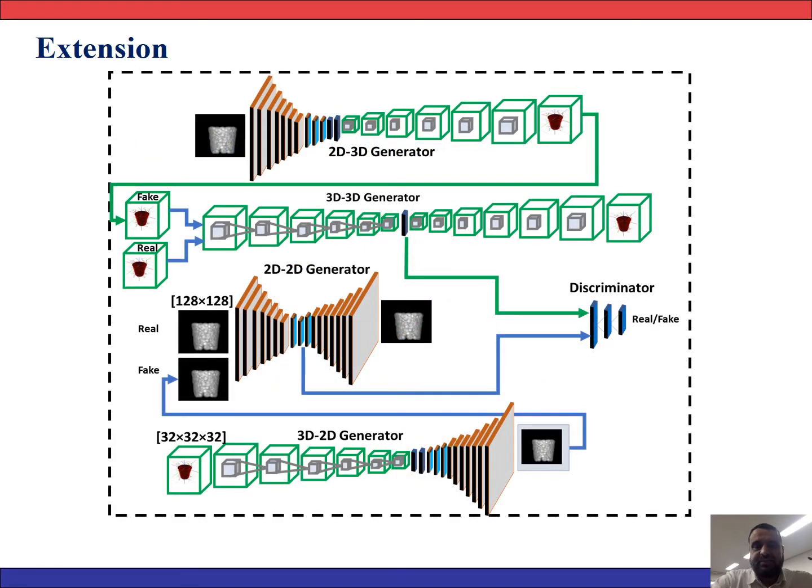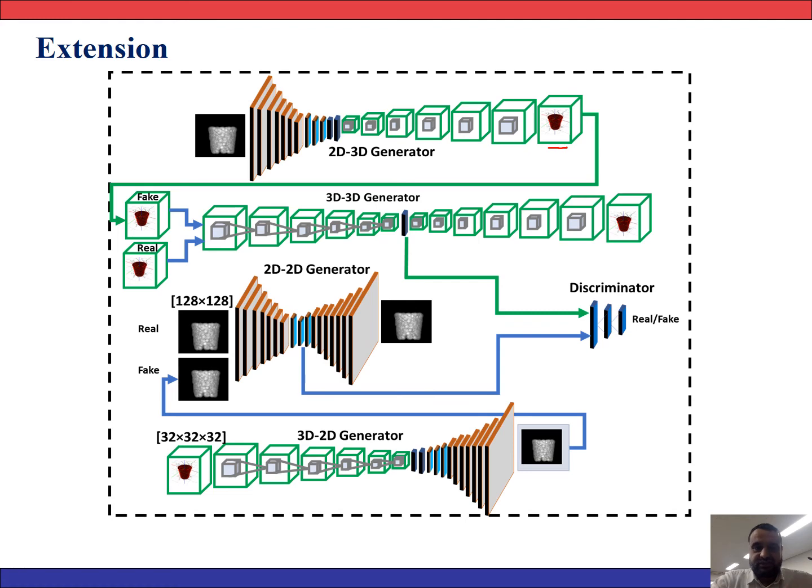To overcome the limitations of the previous architecture, we extended it. In the previous architecture, the discriminator took the real pair where both the 2D and the 3D were real, whereas in the fake pair, the 3D was the generated one from here, but the 2D was still a real one. So it was inconsistent.